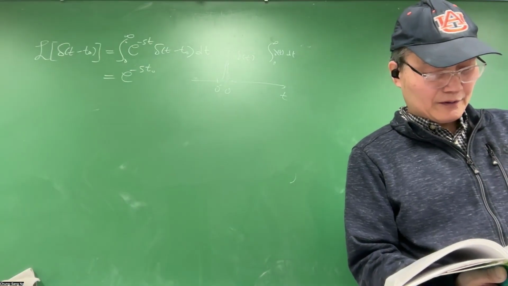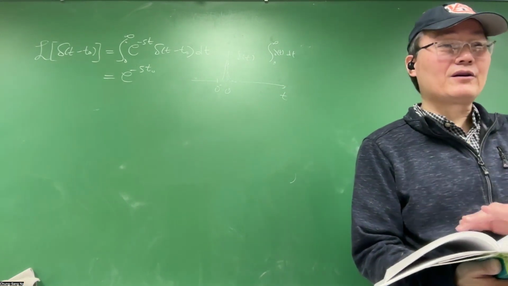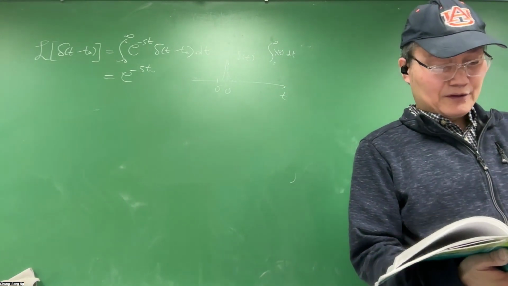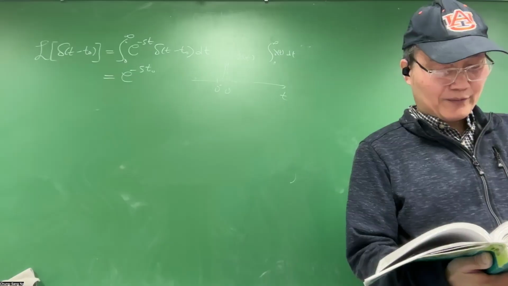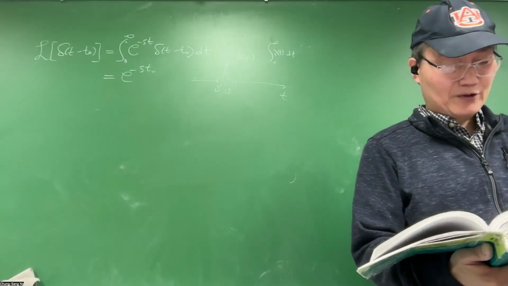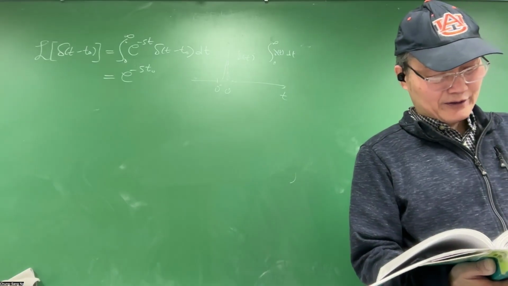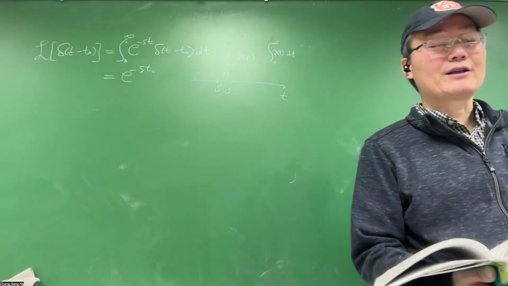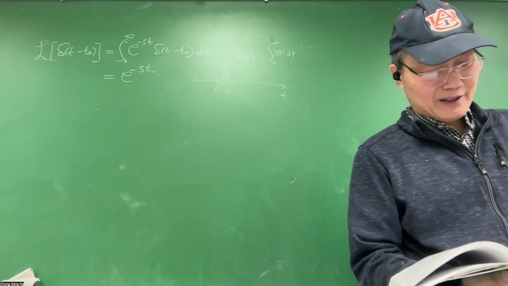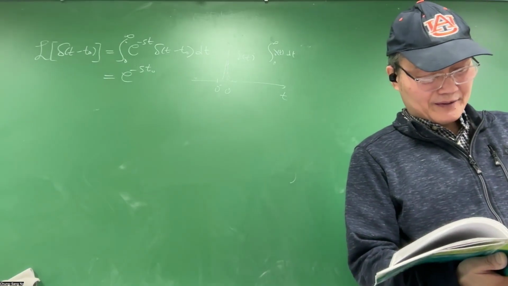You can use that for doing the transform or the inverse transform. For the transform, just look up the function, and then you look up the transform. For the inverse transform, you compare what you are trying to invert with the table, and then get the function, right?